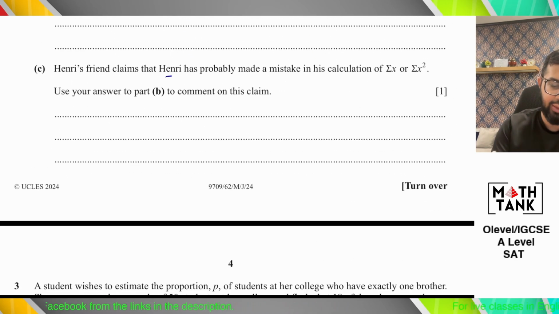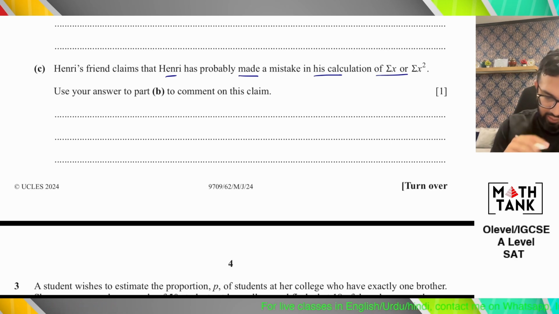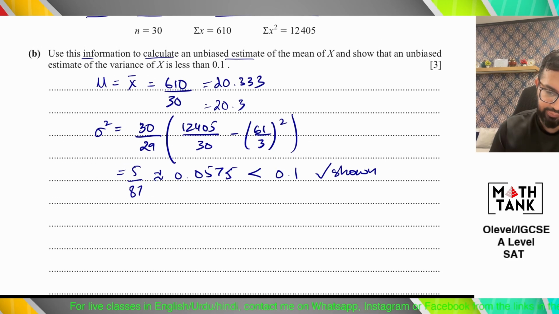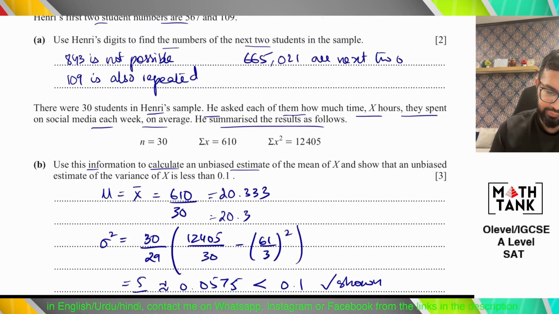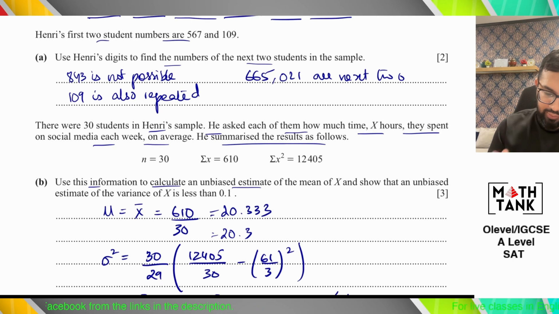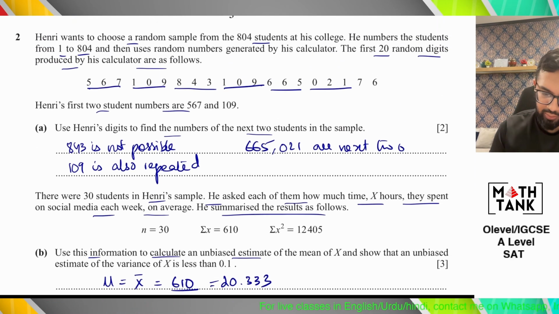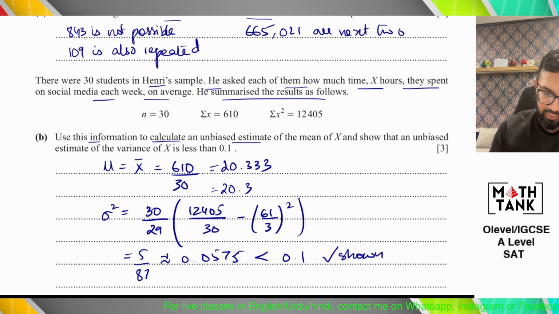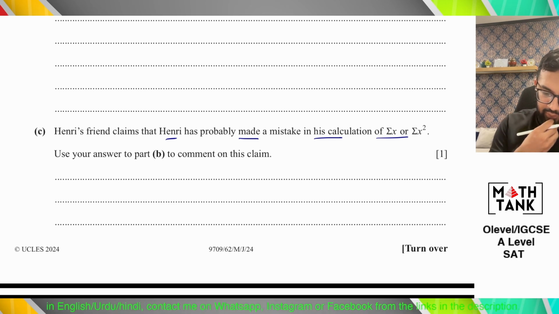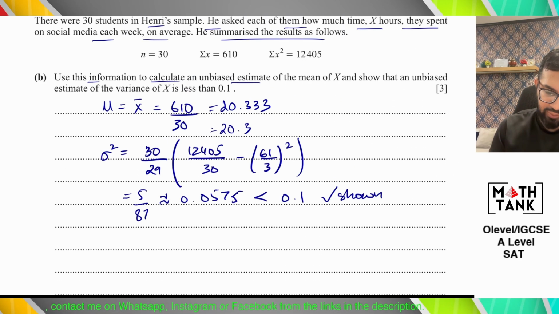Henry's friend claims that Henry has probably made a mistake in his calculations of sum of x or sum of x squared. Use your answer to part B to comment on this claim.